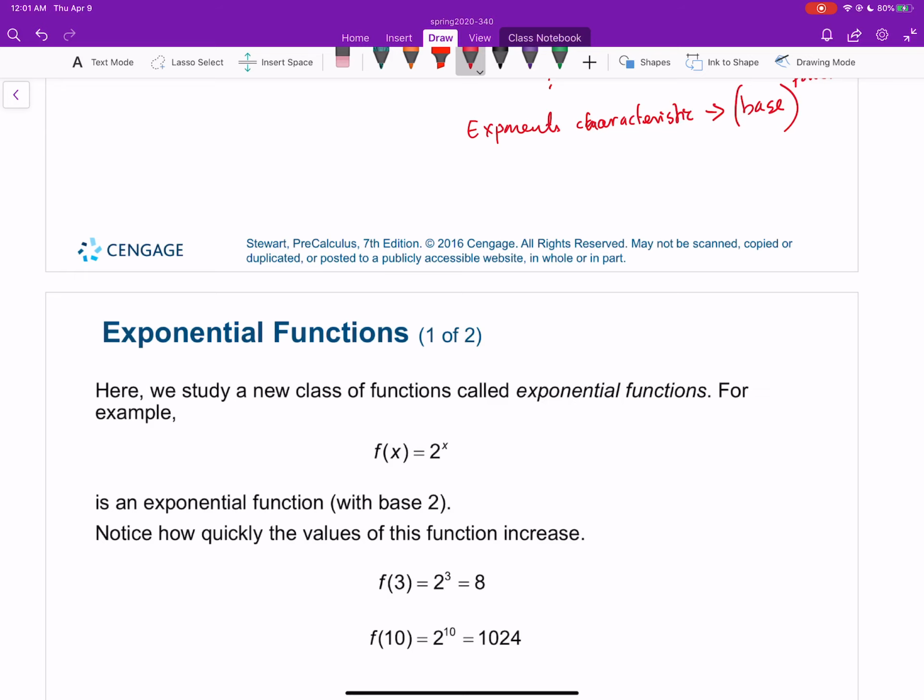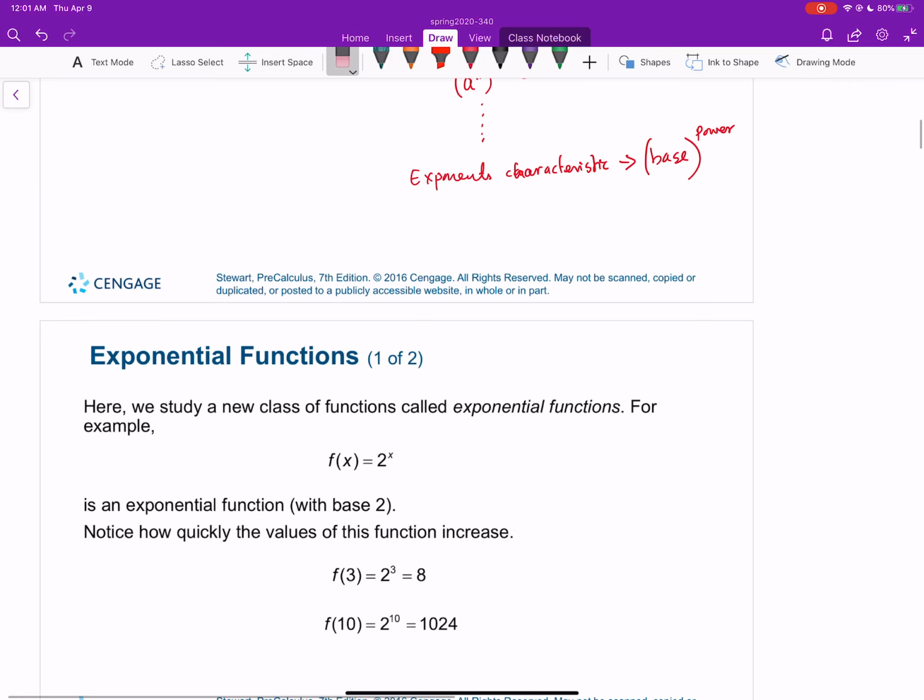All right. So for example, in what we have here, you have f of x, and my base is 2, but then the power is no longer a number as you've seen in the past. It's rather a variable, so that when I ask you about f of 1, the input is 1, so it's got the base 2 raised to the power 1, which you'd get 2.